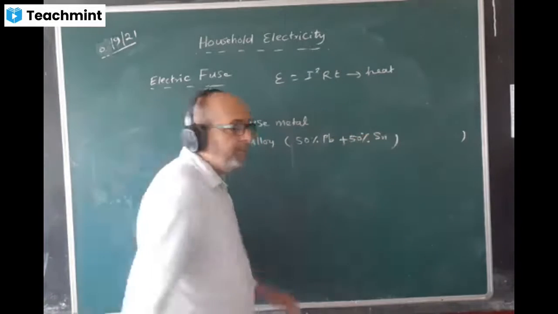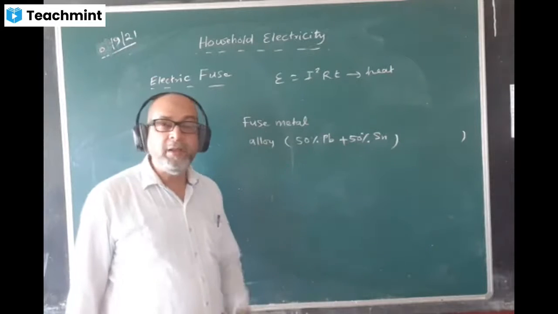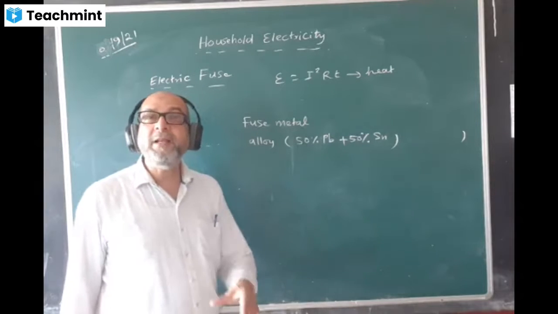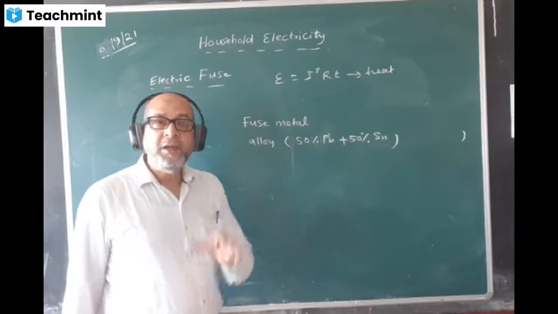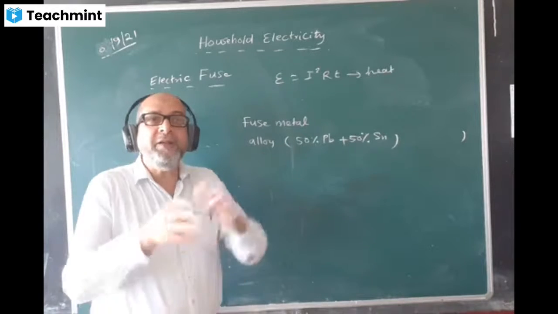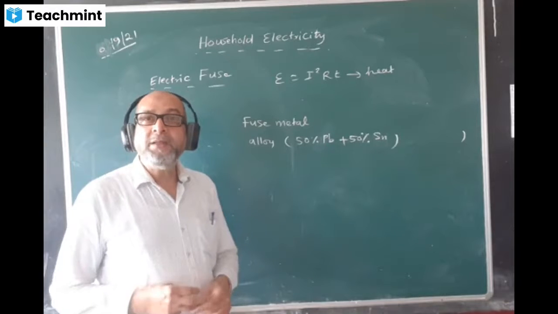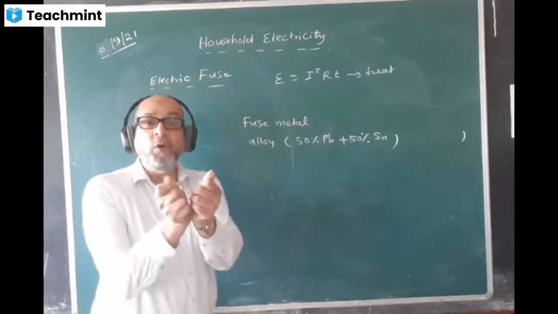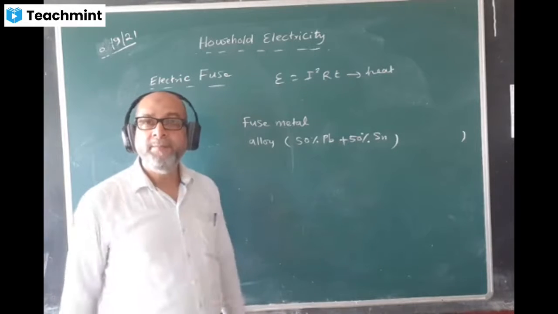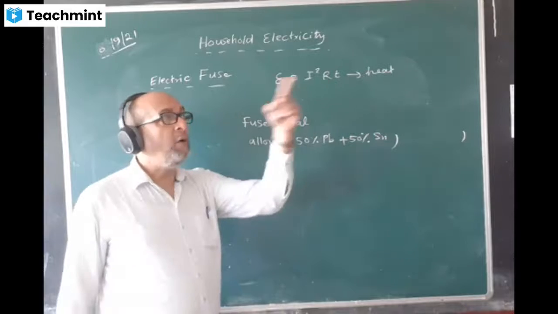Sn means tin. This is not a general wire. Remember, it's not a copper wire, because copper wire has no high resistivity. It is just the opposite. It cannot stop current easily, or you need a very large length of copper wire to stop current. Plus, copper wire has a high melting point, so it won't melt quickly. And for that reason, we use copper wire in household wiring.